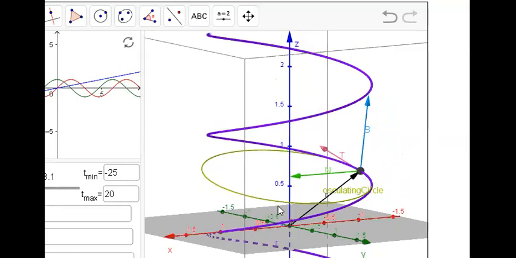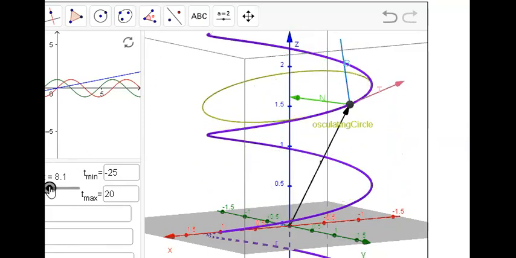This circle is rotating around this spiral. That's why they mention this is a circle. This is the tangent and normal, and it is rotating around this, nicely rotating.